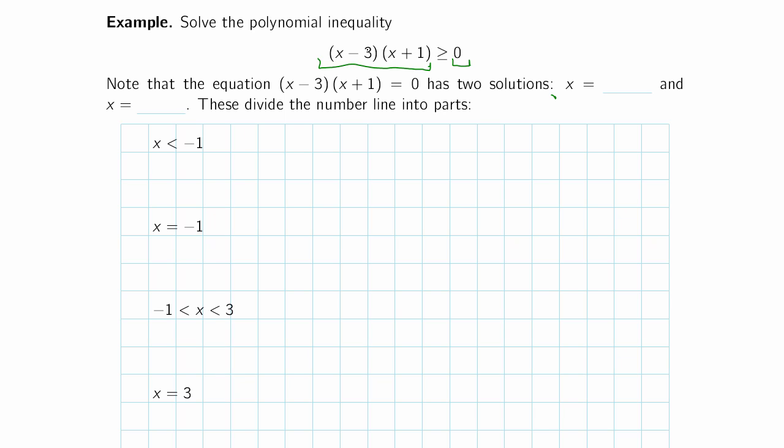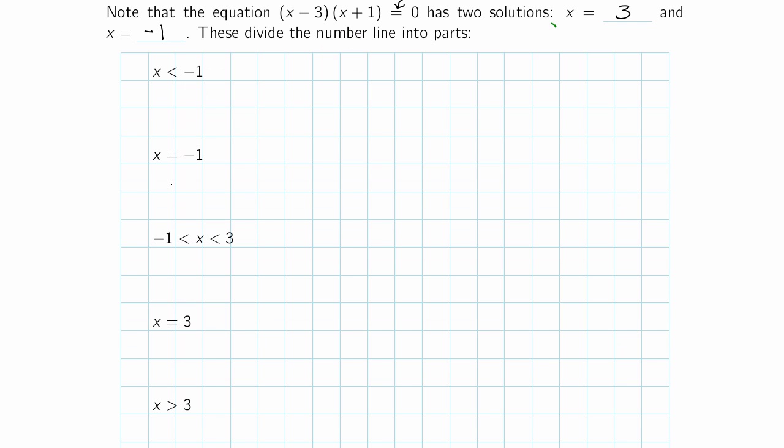Our first step is to notice that if this were an equation, if we had an equals sign, that equation has two solutions. They are x equals 3 and x equals -1. And notice that if we think of these numbers on a number line, they divide the number line into 3 parts.